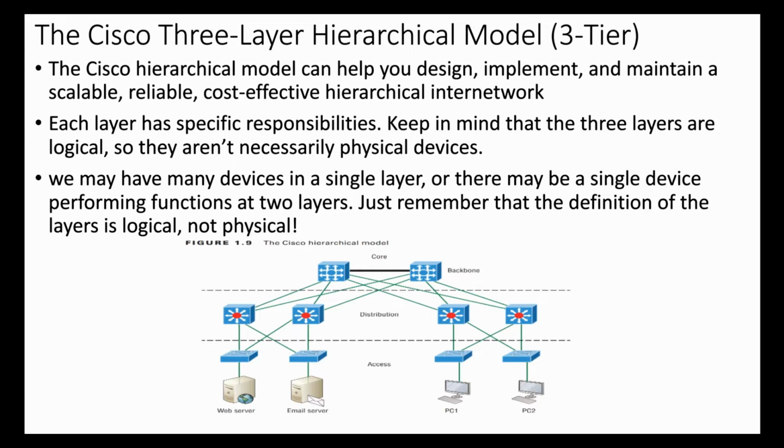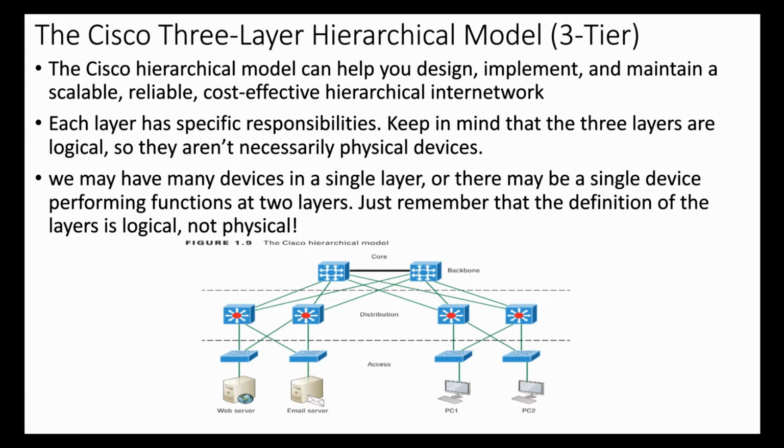Why we are segregating this hierarchy into three layers is to identify issues very simply. If you divide the layers and then go for troubleshooting, that would be an easy step. That's the reason Cisco follows the three-tier, three-layer hierarchical model.